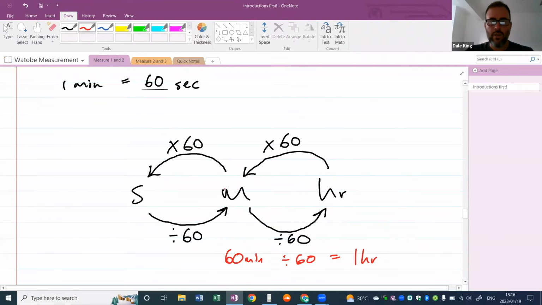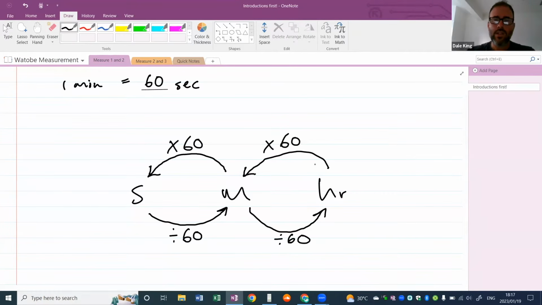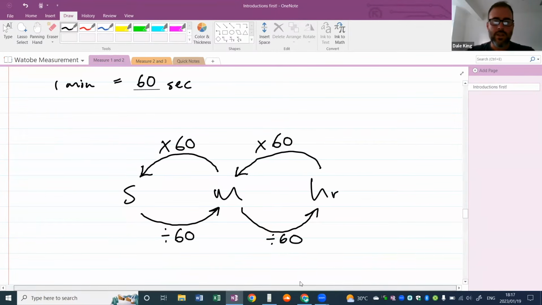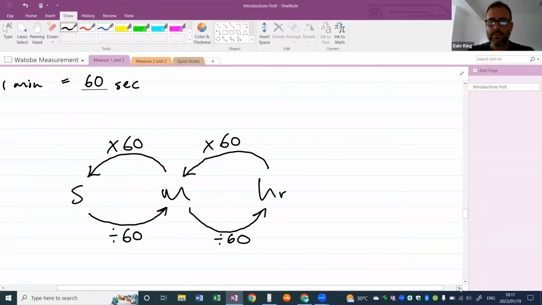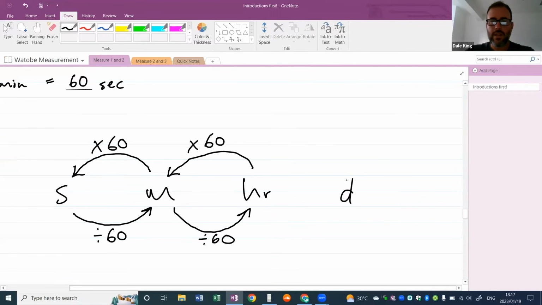Okay, so if we're going from left to right, from a smaller unit to a bigger unit, we're going to divide. If we're going from a bigger unit down to a smaller unit, we are going to times. And just as a matter of interest, if I did have D for days over here, the jump from days to hours, I hope you guys don't think 60, that's going to be 24.